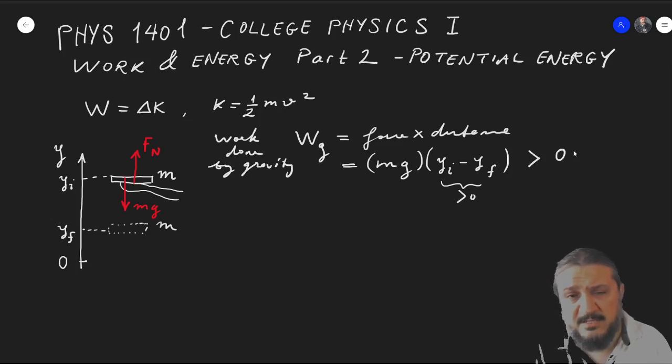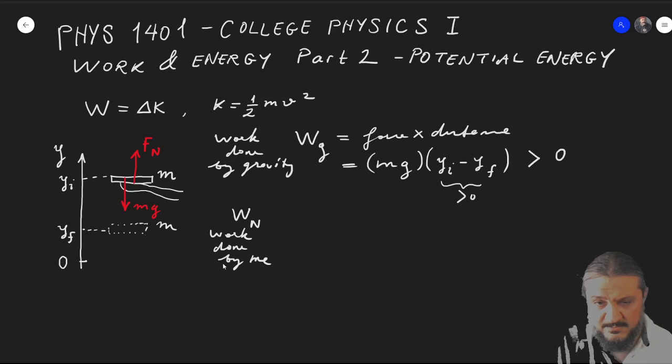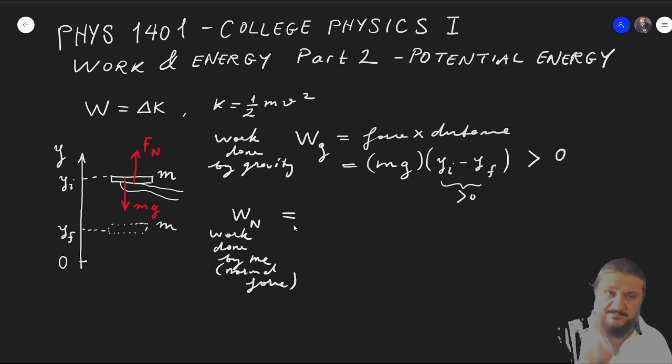What about the work done by me? Let's say the work done by the normal force. I'm going to call it Wn. Work done by me, the normal force. It's going to be similar, but remember, Fn is upward.